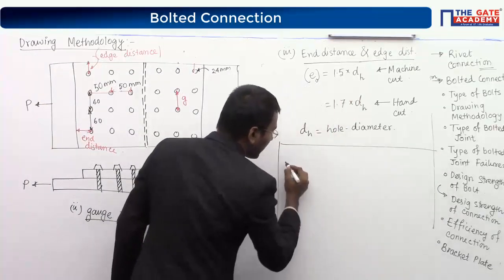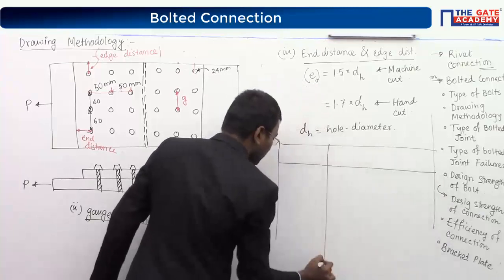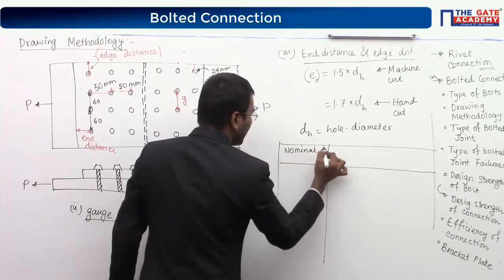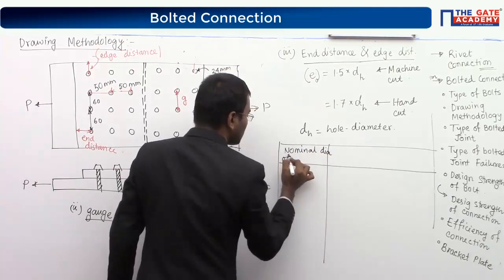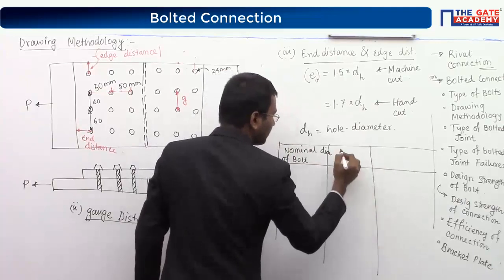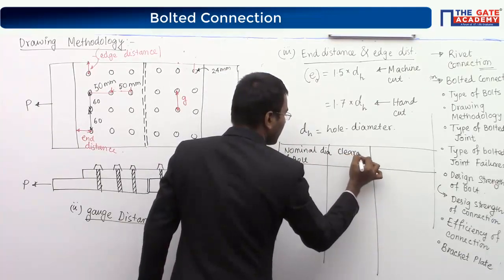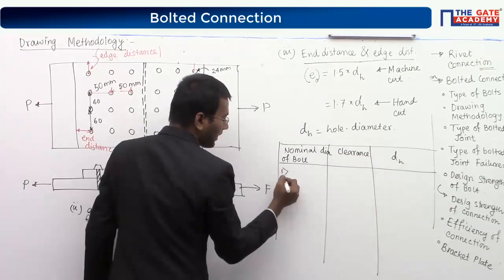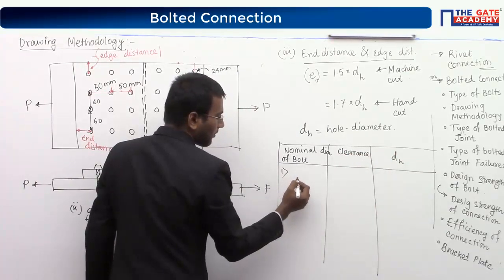So we have to go through one table. This is your nominal diameter of bolt. Next one is your clearance, and the last one is dH. If I talk about the nominal diameter, let us consider the nominal diameter is 14 mm.